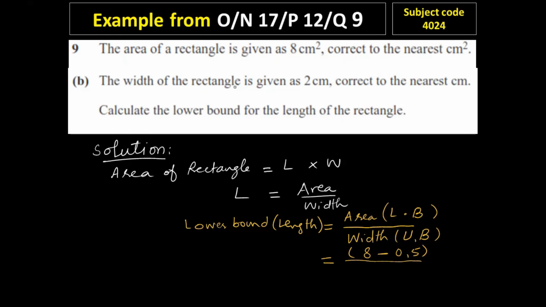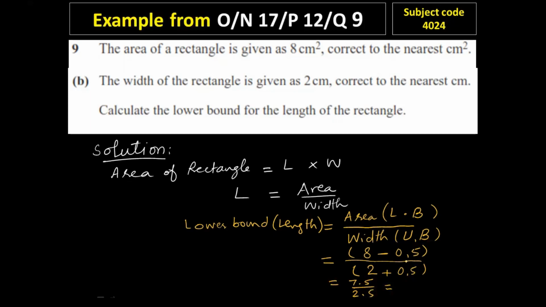For the width of the rectangle, 2 centimeters is the actual and 1 centimeter is the error, so 0.5 is the error here. The actual width is 2, and it is the upper bound, so you add the error 0.5. It will be 7.5 divided by 2.5.